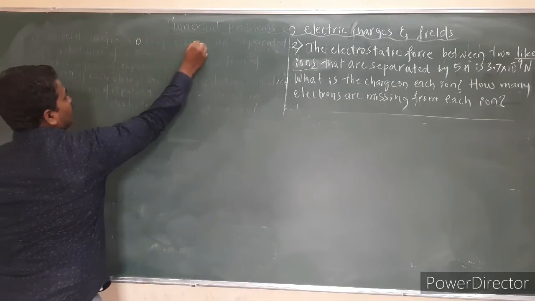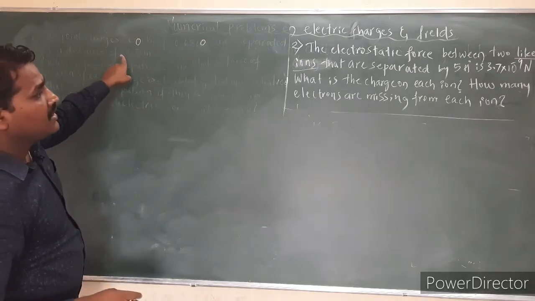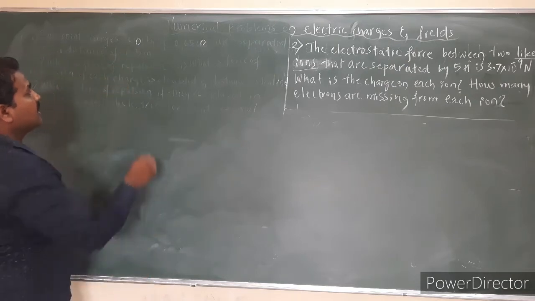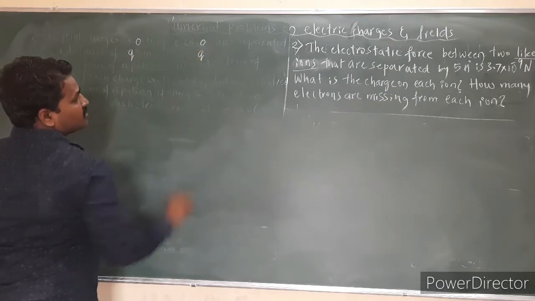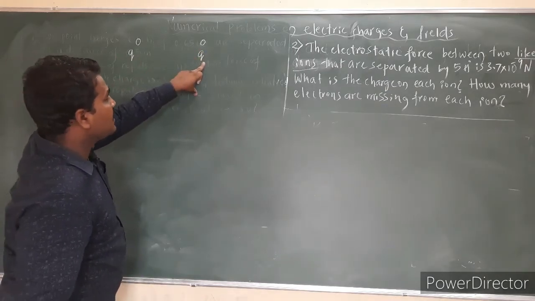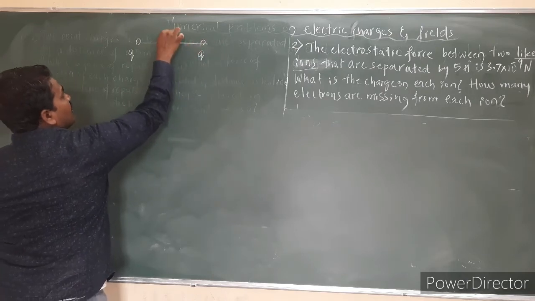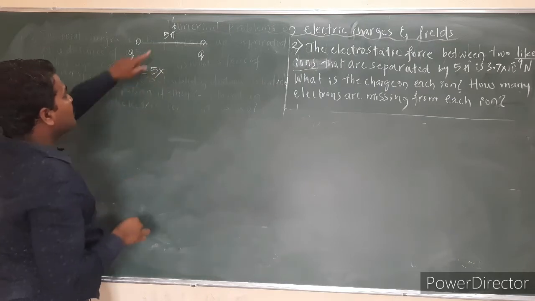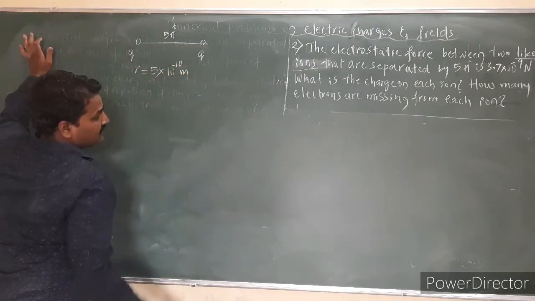I have two charges here, right? Between two like ions, the first charge is Q and the second charge is also Q. The distance of separation between these two charges is going to be 5 angstroms, so I can write r is equal to 5 × 10^-10 meters, since an angstrom is 10^-10 meters.